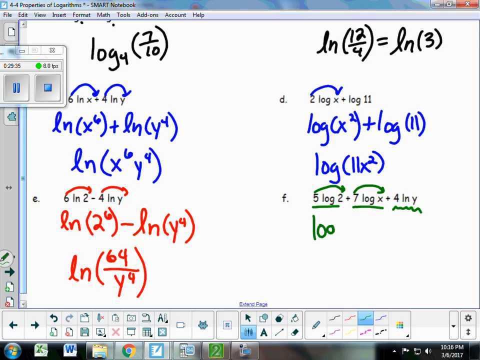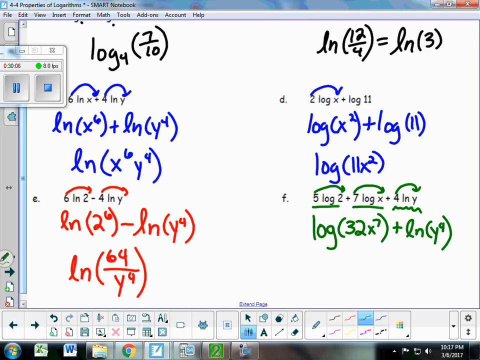So that's going to be log of 32 times, this would become x to the 7th, and it's times because of the addition there. And then that's just plus, and that 4 becomes a power on this natural log like so. We can't combine those because the common log and the natural log are not the same type of logs. They don't have the same base.